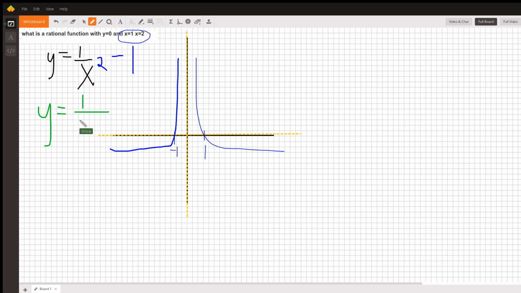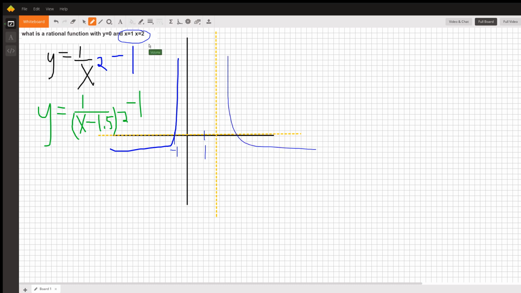So if I just take my x and move it 1.5, you subtract from x to get it to move right, I think we'd have this, because now our asymptote is going to be at 1.5, and we're going to scoot everything over 1.5.